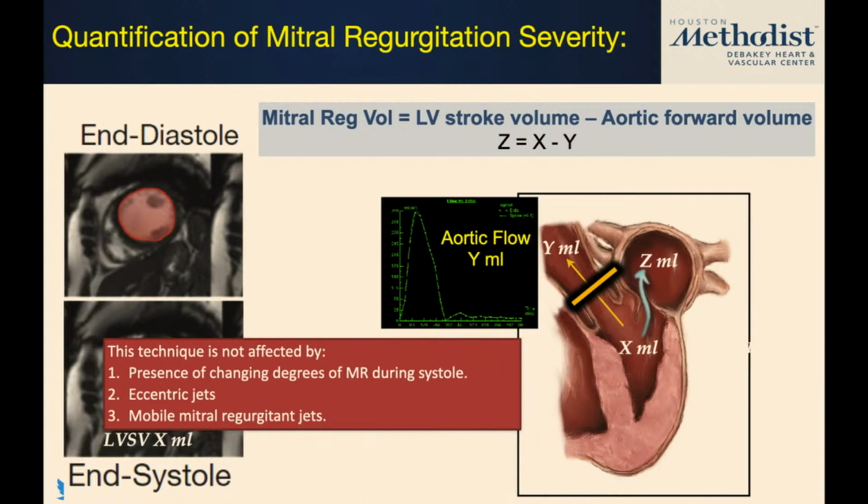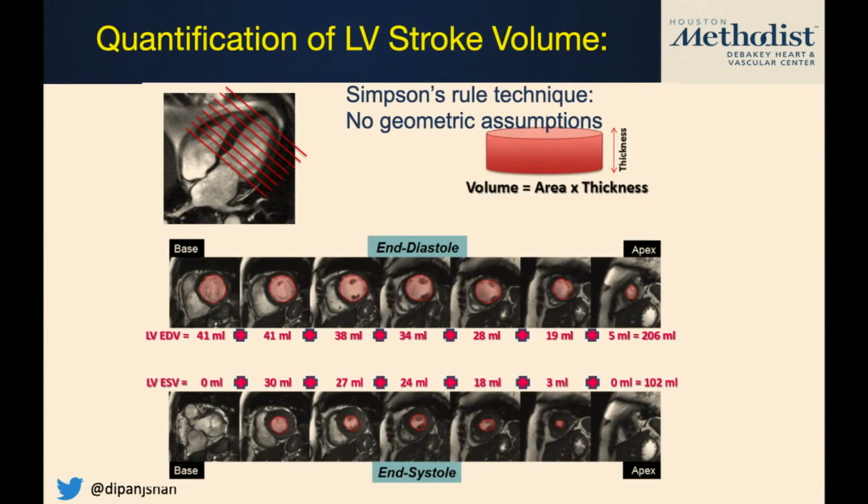And as we'll learn in one of the later lectures, this equation and this methodology actually works just fine even in the setting of aortic regurgitation mixed with mitral regurgitation, because aortic regurgitation will increase both the LV stroke volume as well as the aortic forward flow, and therefore it cancels itself out. So more on that, I think, in a subsequent lecture.